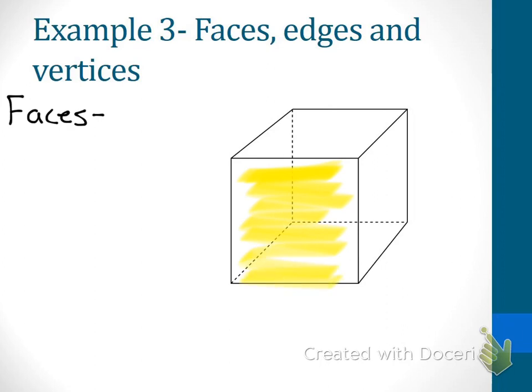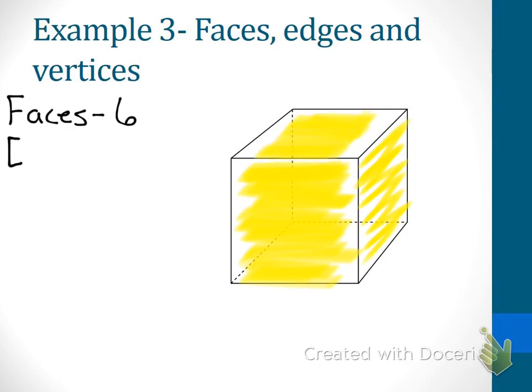Well, if a cube has a front, it also has a back. If it has a right side, it also has a left side. If it has a top, it has a bottom. So top and bottom, right and left, front and back. 6 faces.